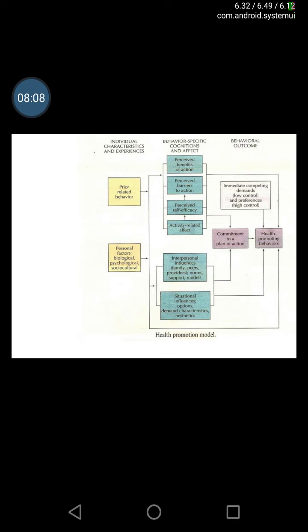Below, you can see interpersonal influences. Interpersonal influences may come from family, peers or care providers: norms, support and models.